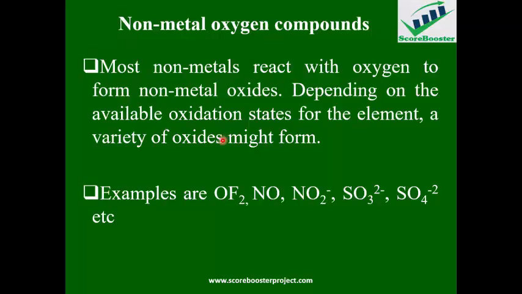That's what I mean by depending on the electronegativity values. Electronegativity value of oxygen here is more than that of nitrogen. So what we are getting here is something oxide. When you have electronegativity of oxygen more than the non-metal, what you are getting is oxide. But in this case, electronegativity of fluorine is more than oxygen.